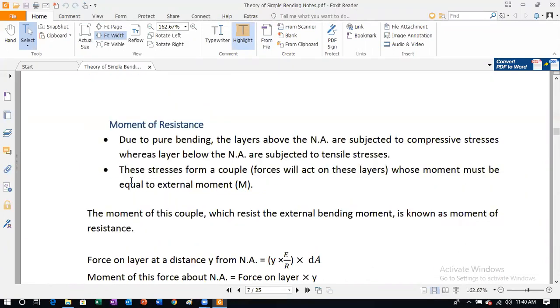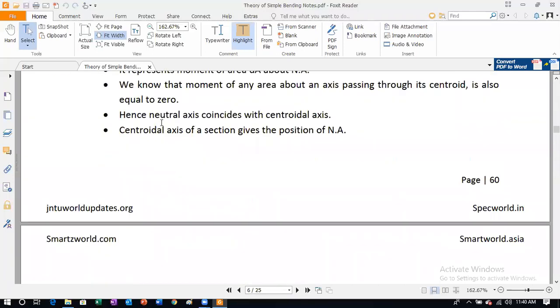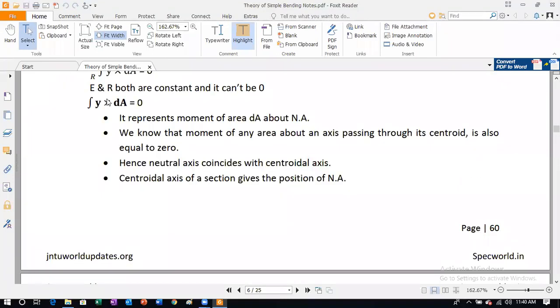Y multiplied by dA is what? It's the first moment of area. After integrating it, we will have the integration of y multiplied by dA equal to A y bar.